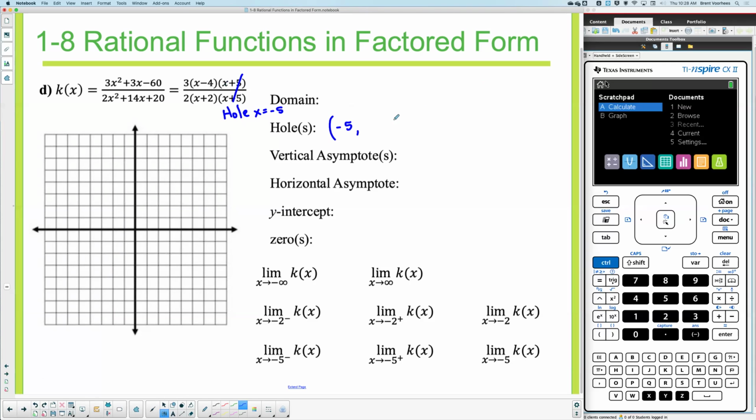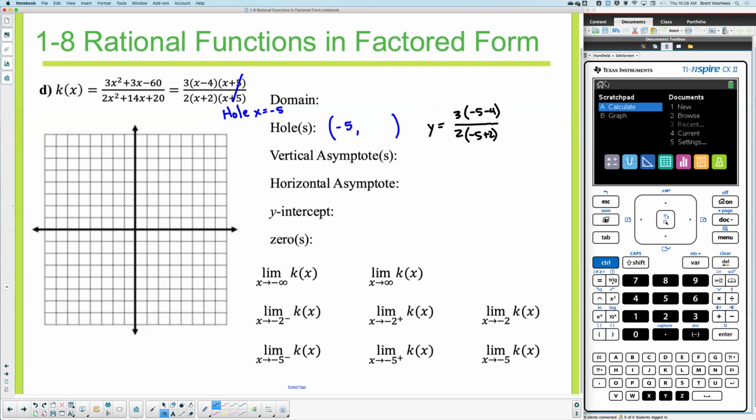So for a hole, we need a y value. How do you get the y value? You plug in -5 to the remaining equation. I have a 3, I have a 2, -5 minus 4, and a -5 plus 2.